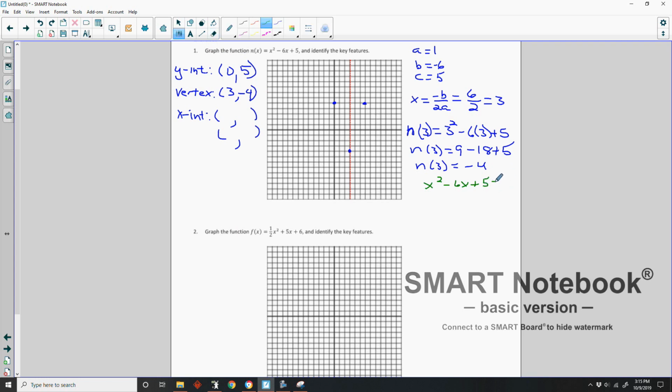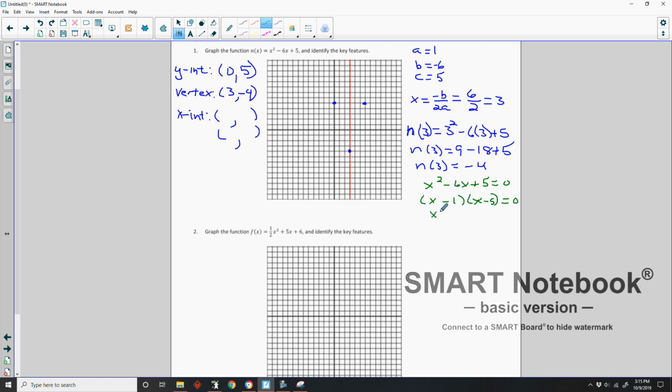5 equals 0. So I'm looking for factors of 5 that add up to 6. Well, it's x minus 1 and x minus 5. Negative times negative is positive 5. Minus 5x and minus 1x is minus 6x.